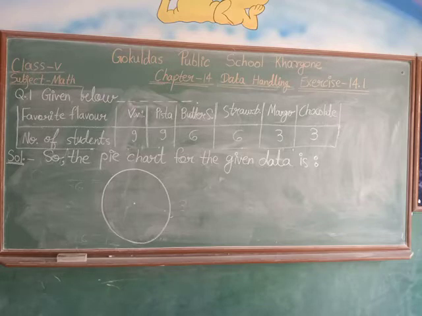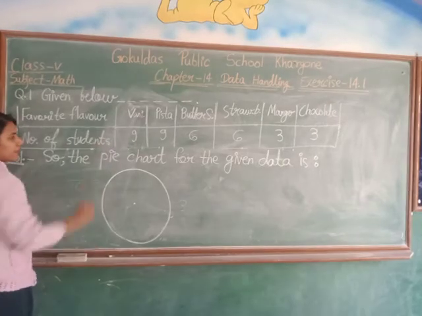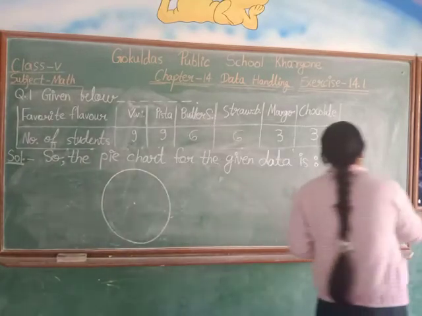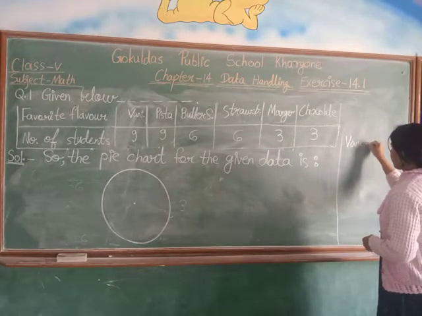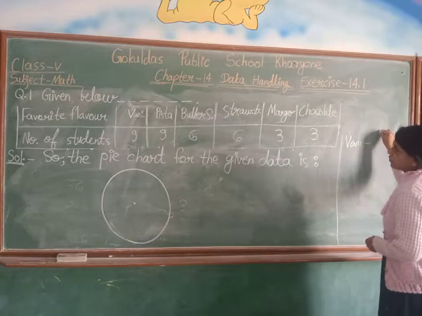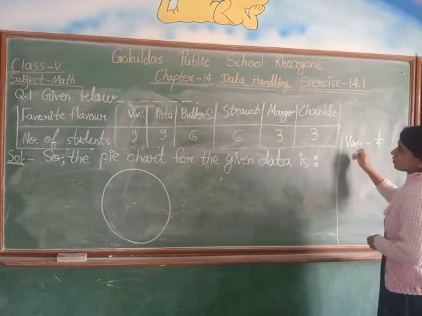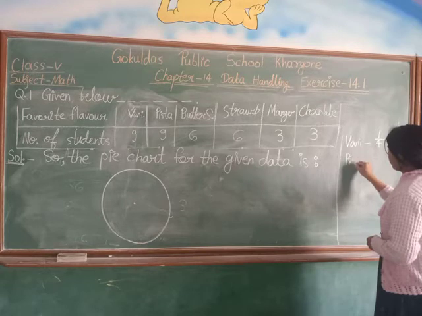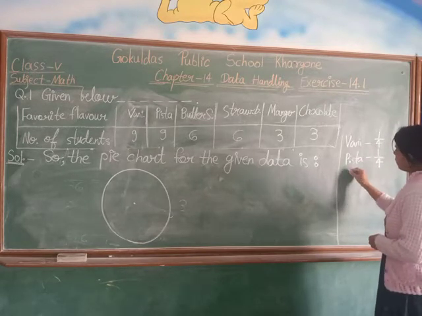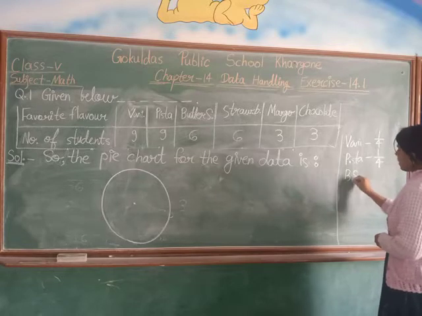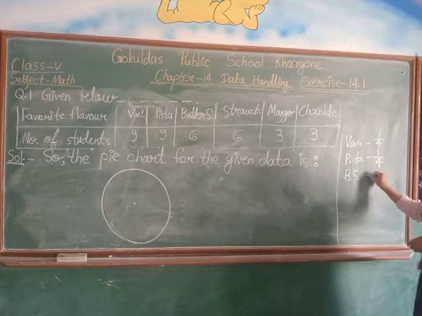Now we will show. For vanilla, what is in the rough one? Here in the rough one, I am writing for vanilla. What was the fraction? It was 1 upon 4. For pista, the fraction was 1 upon 4. For butterscotch, the fraction was 1 upon 6.